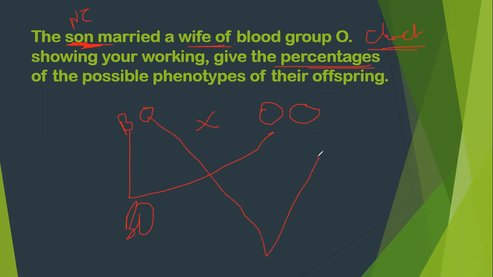Or you may form O, whereby O can fuse with this O, and this O can fuse with this O. So the ratio is 1 to 1. And what will be the percentage? It is 1 out of 2 times 100, which is 50%. 50% blood group O and 50% blood group B. We want phenotype blood group B. So it is as simple as that.